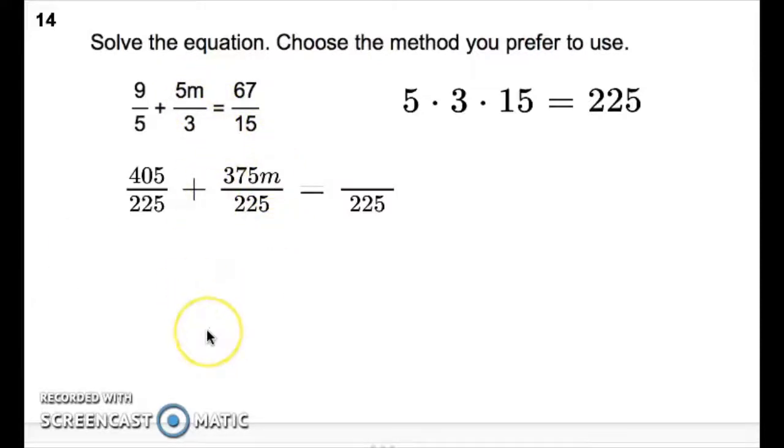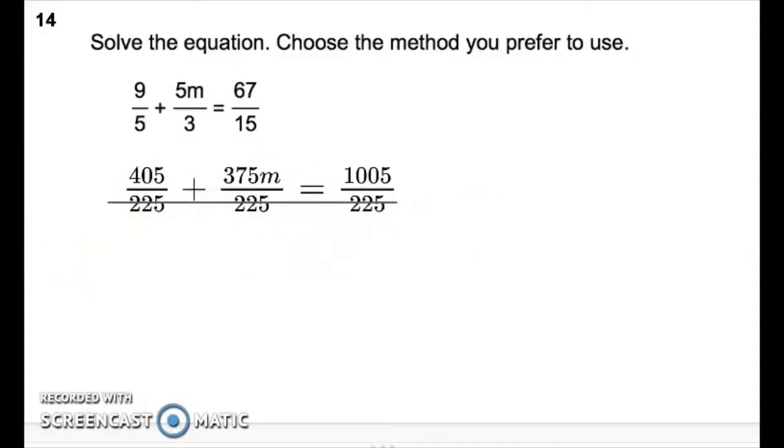And then for the last term, we do 225 divided by 15. We get 15, so do 15 times 67, and we get 1005. Now from here, this is where we will cross out all our denominators because all we have are fractions and the denominators are all the same, so cross them out.